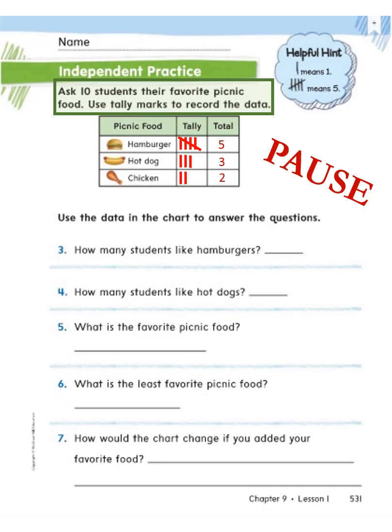Okay, are you ready? Number 3, what does that say? How many students like hamburgers? Hopefully, you put this number there. Number 4, how many students like strawberries? Huh? I'm kidding. I just wanted to see if you were paying attention. How many students like hot dogs?